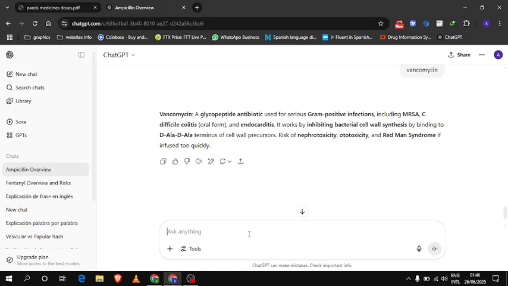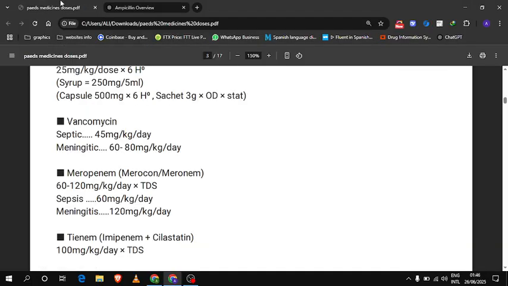Risks are nephrotoxicity and ototoxicity, and red man syndrome if infused too quickly. The dose of Vanco for septic patients is 45 mg per kg per day, and for meningitis 60 to 80 mg per kg per day.